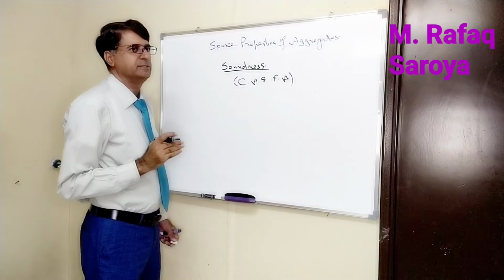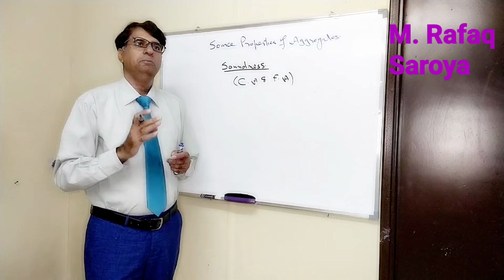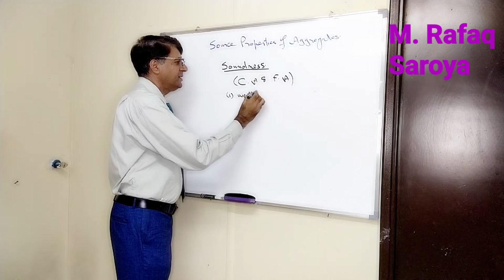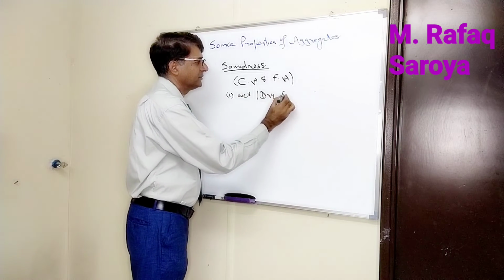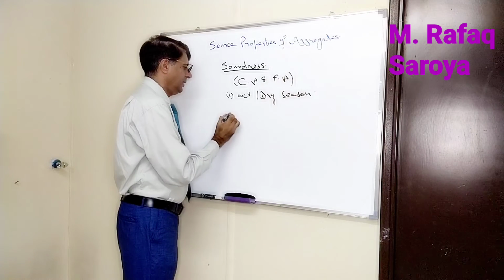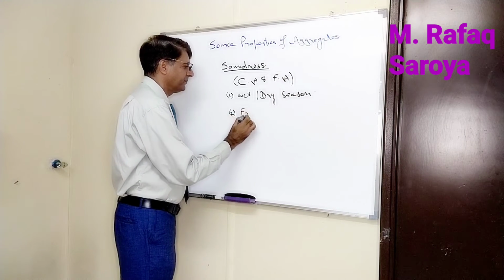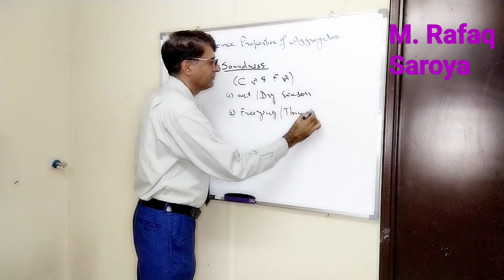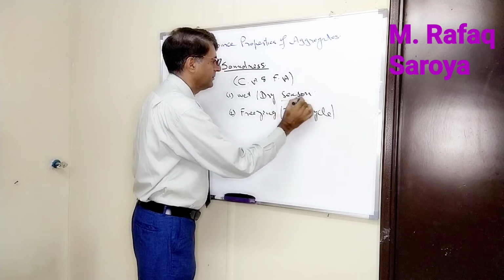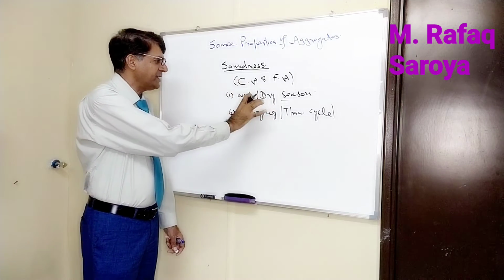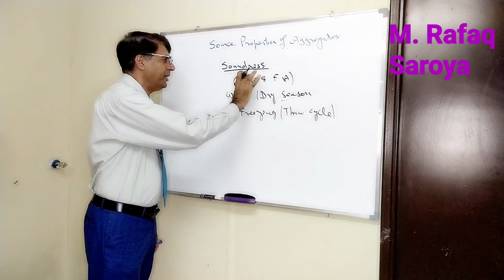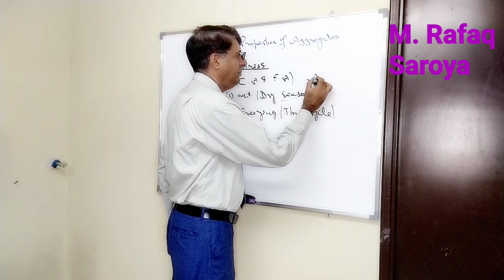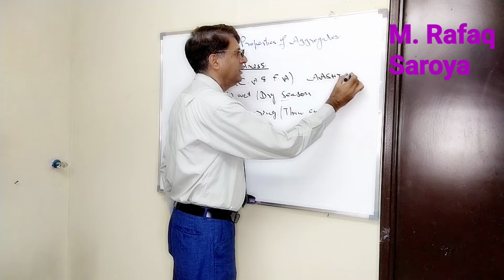This soundness deals with the aggregate, how it behaves during wet/dry season, how it behaves during freezing and thaw cycle. Such behavior we study separately for the coarse aggregate and separately for the fine aggregate, and this is studied by AASHTO T104 method.